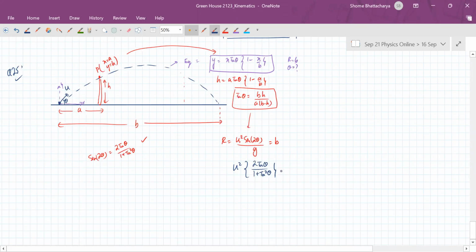So just cross multiply, so this will become ab into b minus h, ab, so minus, this will be just b into g. And now substitute this value of tan theta. So you get u square.